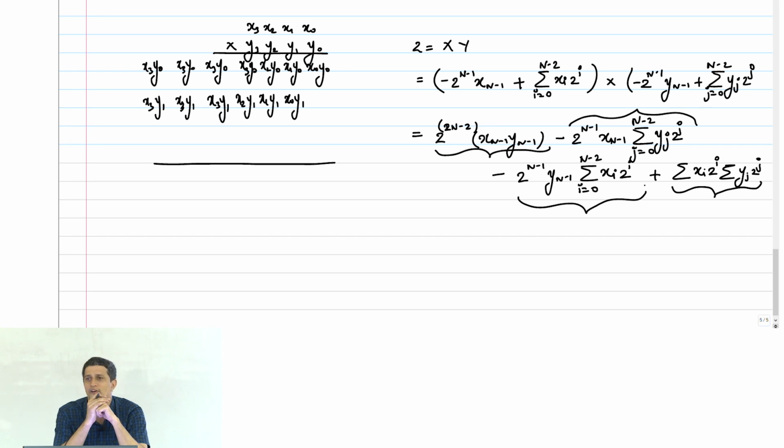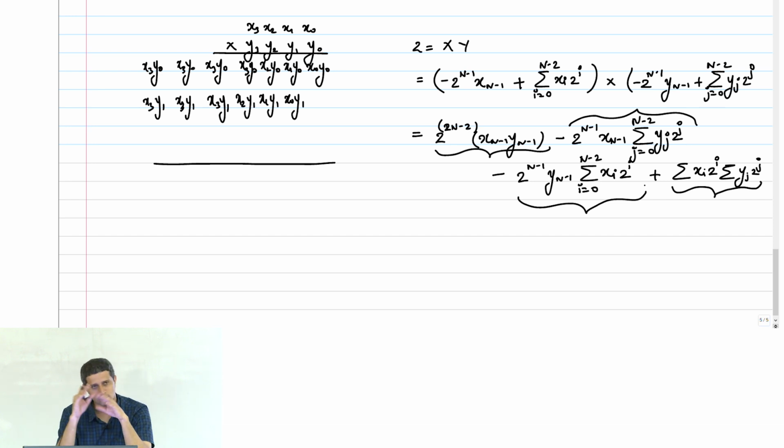Wherever you get the MSB of either x or y, and the other term is not the MSB, then it is a negative number, and therefore I have to handle that slightly differently.